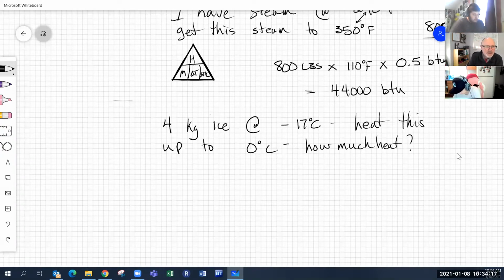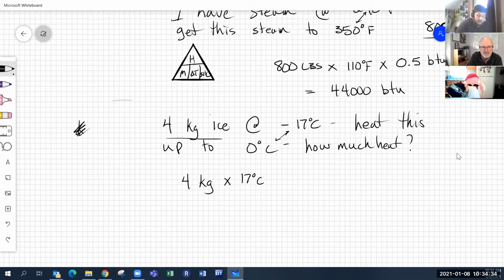So in this example, we have 4 kilograms of ice. I already have my mass. So it says mass, 4 kilograms, multiplied by my delta T. My delta T is 17 degrees Celsius. And I have to multiply that by the specific heat capacity of ice in metric. What is that number?